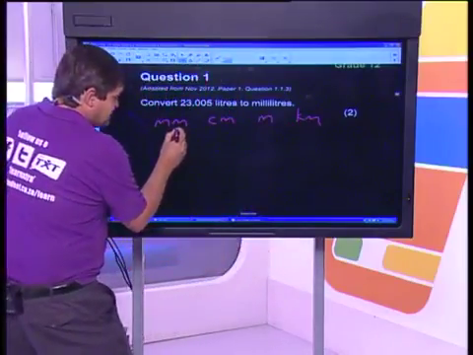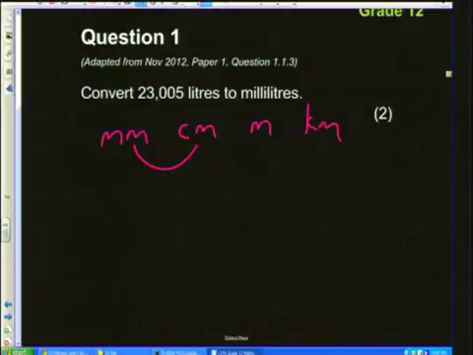I'm going to look at the jump from millimeters to centimeters, centimeters to meters, and meters to kilometers. The first jump is 10, the next jump is 100, and the final jump is 1,000. What do I mean by these jumps? I mean there are 10 millimeters in 1 centimeter. And guys, use your ruler in the exam.